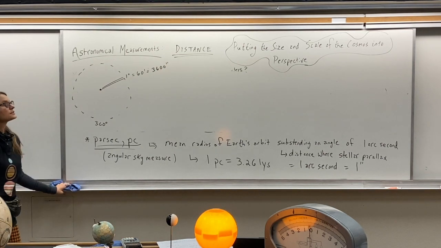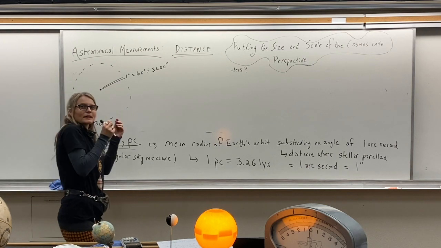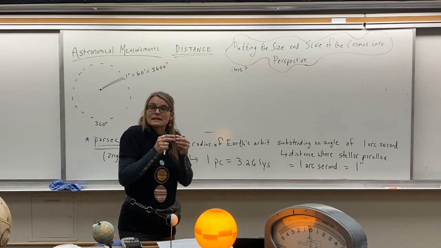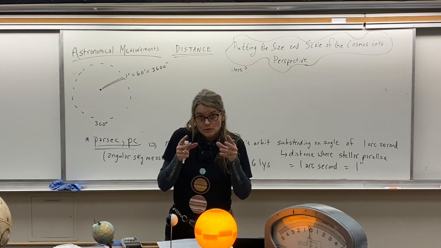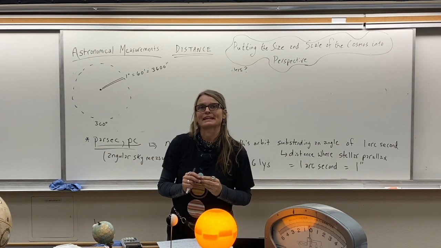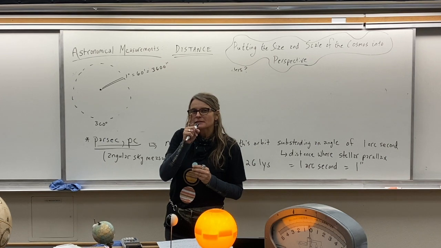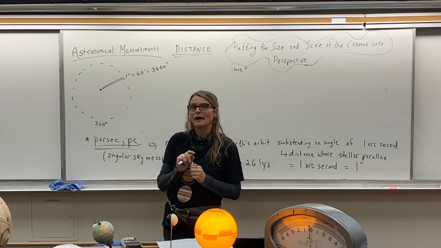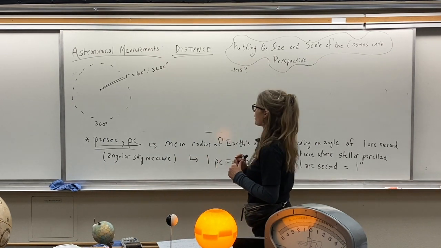We also call that arc seconds. You take one of those degrees, divide it into 60 pieces, and then take those arc minutes, divide them up into 60 more pieces, and you get an arc second. So anything that shifts that 1 arc second in the sky is equal to 1 parsec.